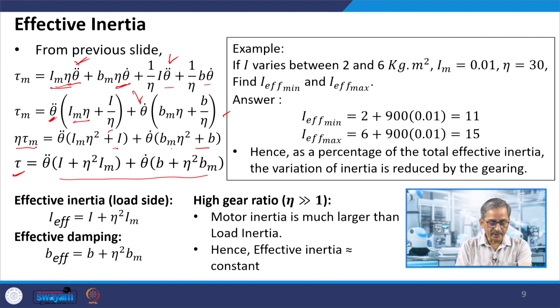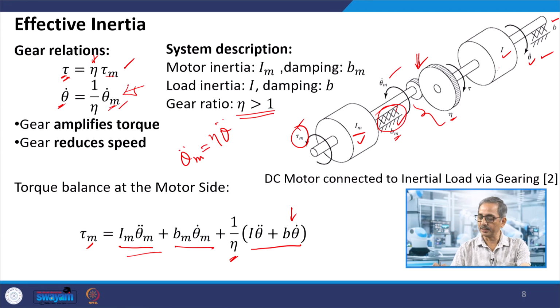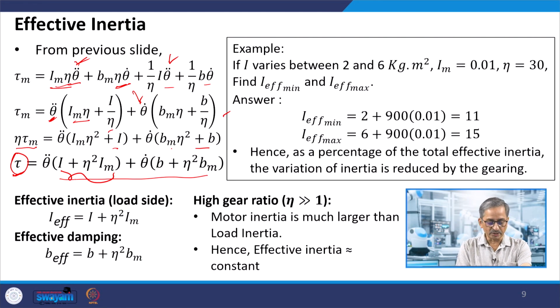Now, this is my torque at the load side. This is equal to some effective inertia times the angular acceleration of the load, and this is the effective damping or frictional force into the velocity of the load. So, this is what effective inertia is defined and this is what effective damping is defined.